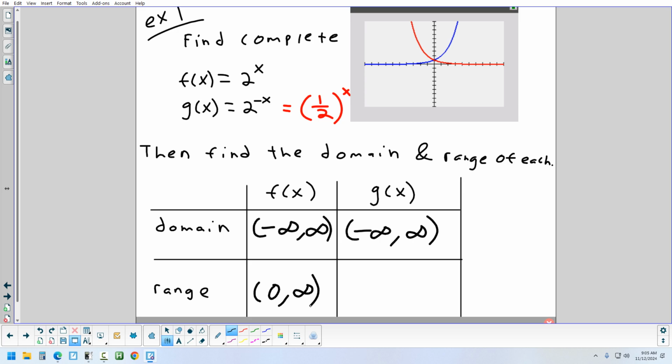And how about the range for g of x? G of x is the graph in red. Yep. Wouldn't it also be parentheses 0 to infinity? Yeah, it would be the same thing because they're just horizontal reflections of each other. The horizontal reflection is not going to change the range. Okay? Not in this case. It does nothing to the range.